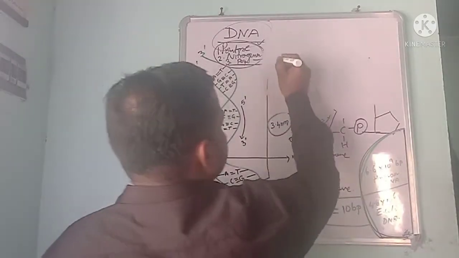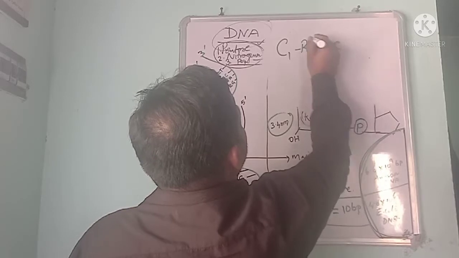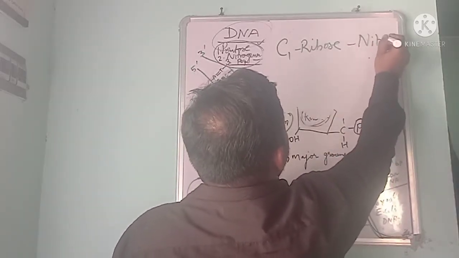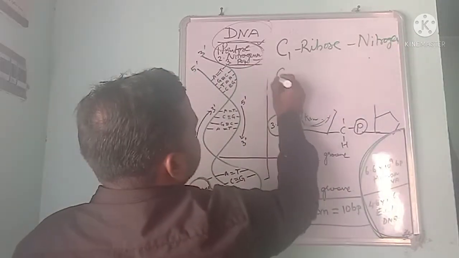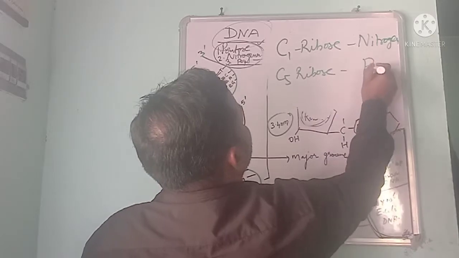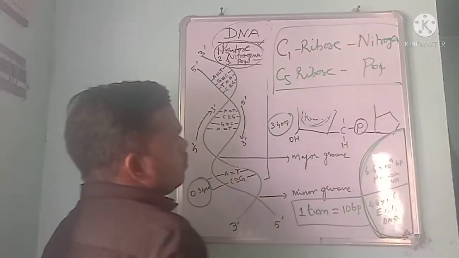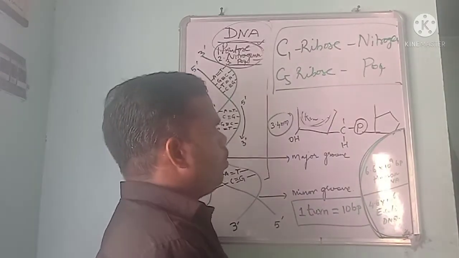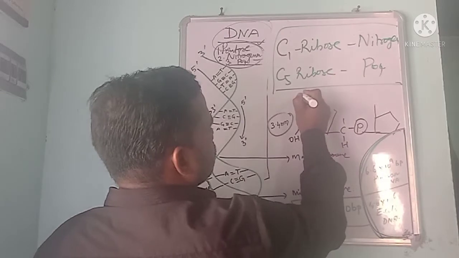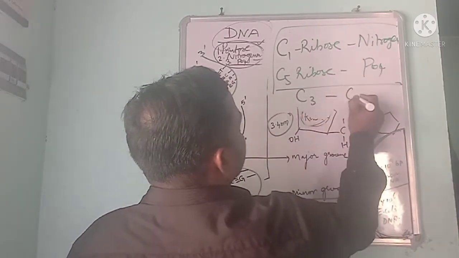So thereby we can say that at C1 of ribose, the adenine nitrogen base is attached. At C5 of ribose, the phosphate group is formed. Got it? So this forms a nucleotide. One nucleotide is attached with another nucleotide from C3 to C5.